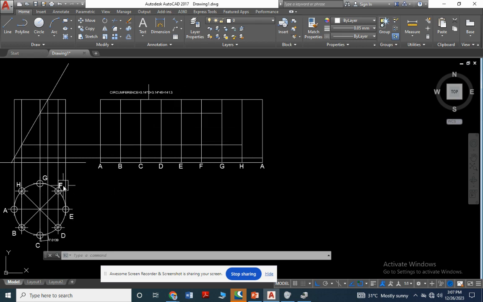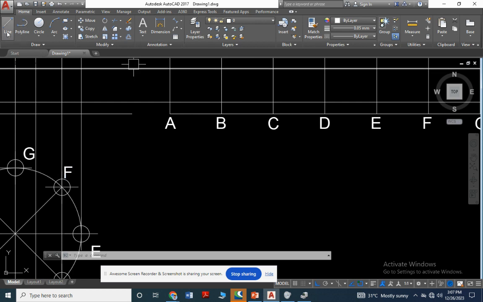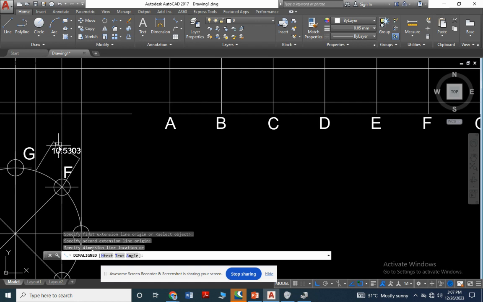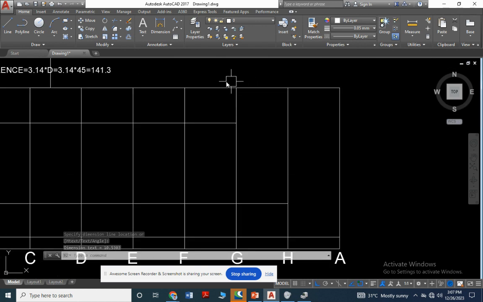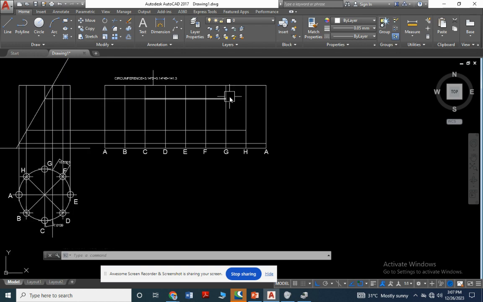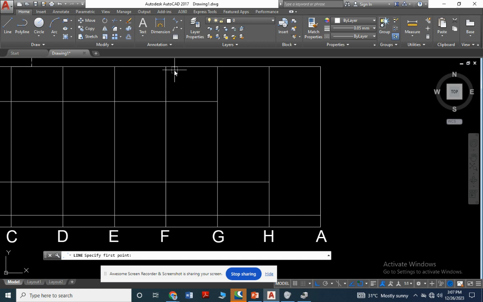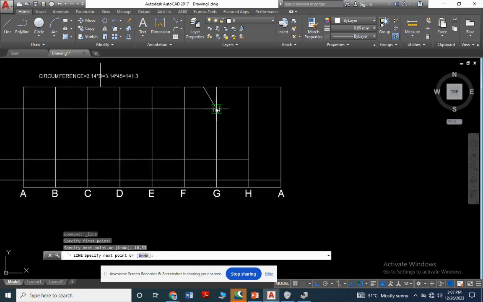Then D to E straight line, no problem. E to F also straight line, no problem. Then F to G is aligned. Okay, F to G the aligned dimension is 10.53.